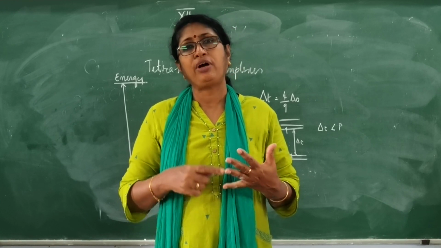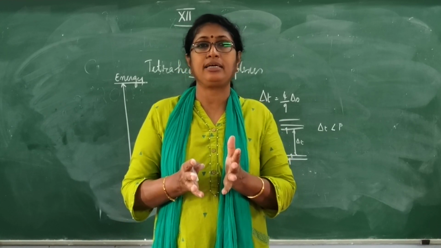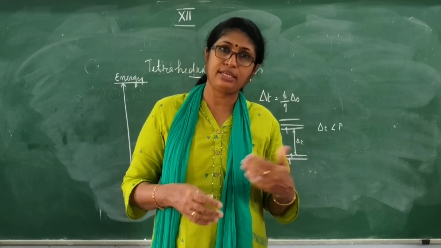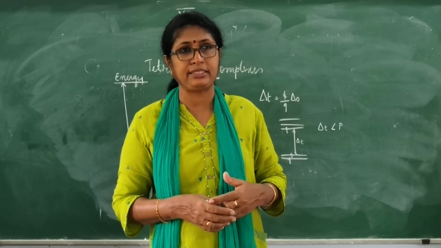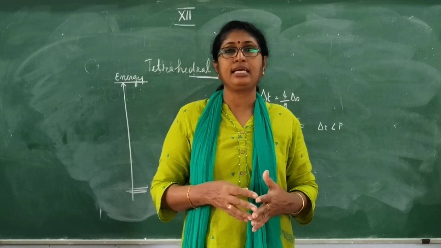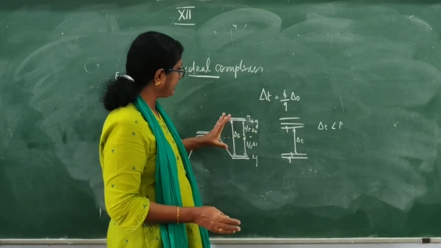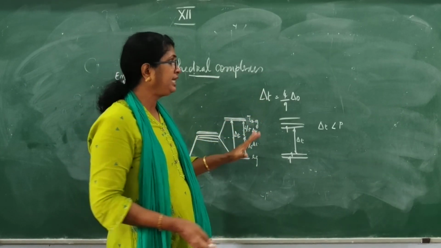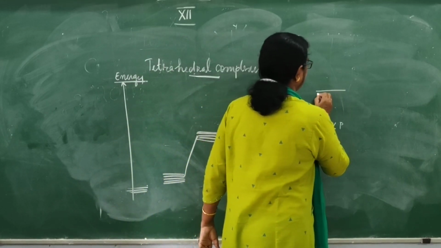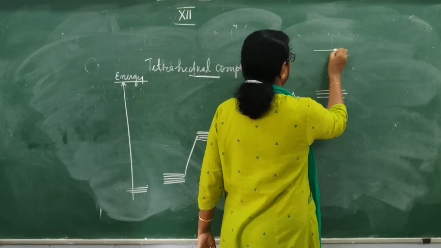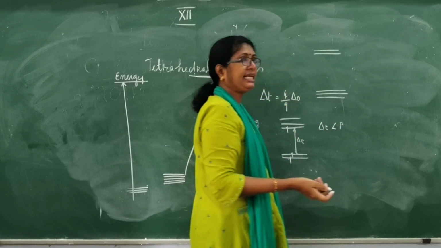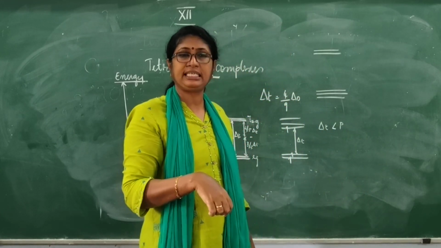Now those facts which couldn't be explained by VB theory could be explained by crystal field theory. That is, why for certain ligands pairing is taking place and why for certain ligands pairing is not taking place. See, for ligands like ammonia, the splitting is very high between the T2g and Eg orbitals. Therefore, pairing energy will be less than splitting energy.